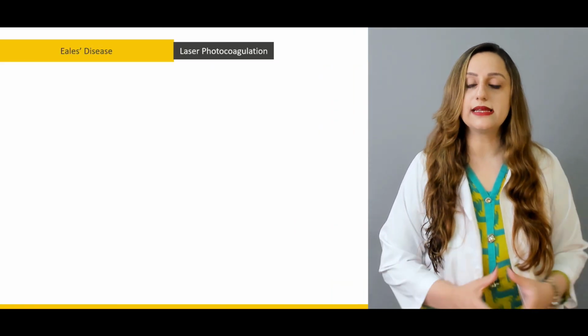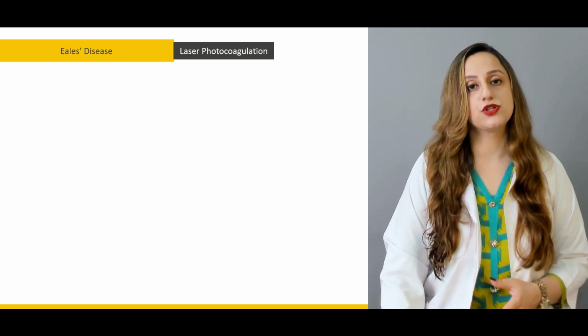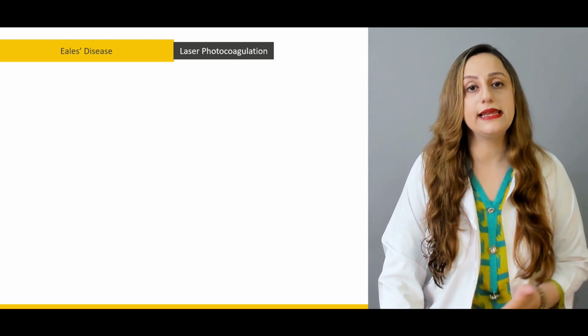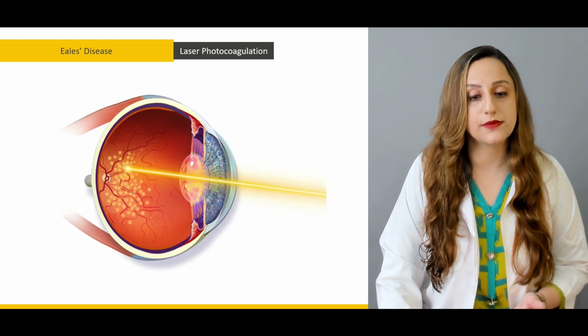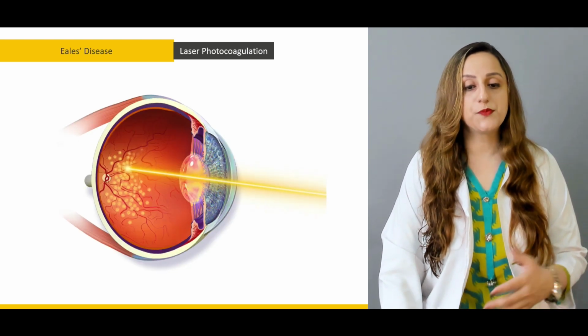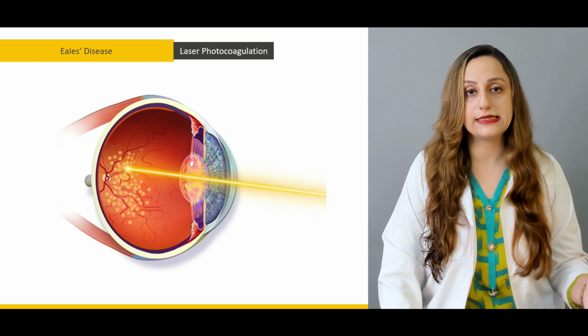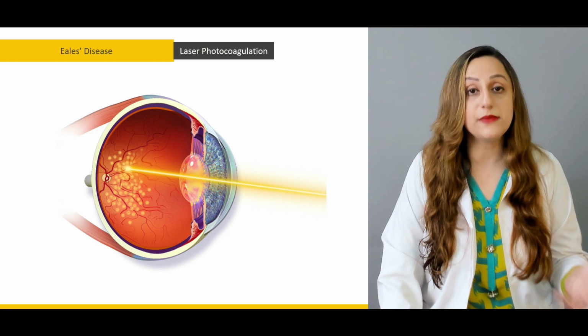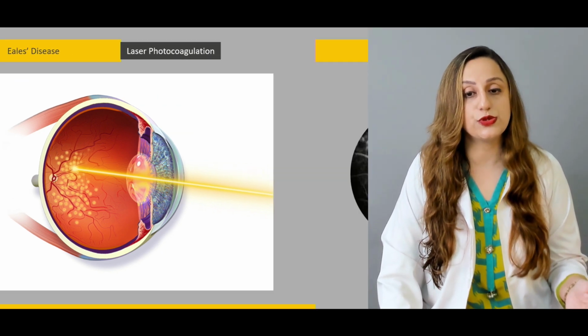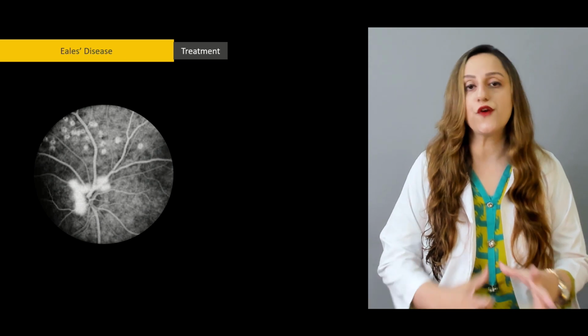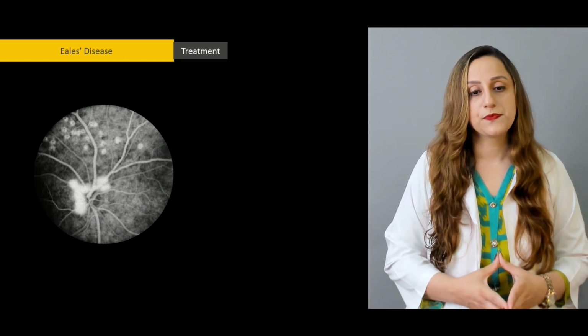The treatment can also be laser photocoagulation that is sometimes done to prevent the neovascularization in these patients, to prevent the ischemia that is produced due to the blockage of the vessels in these patients.